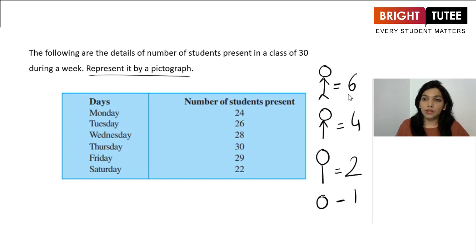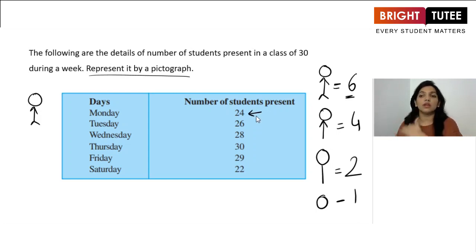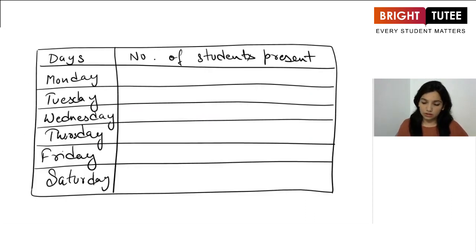See here, we have this full complete symbol, like this particular child-like symbol, which represents the number 6. So do you think we can represent the number 24 using an image which represents 6? So 6 items are represented by this one single symbol. How many such symbols do we need? 6 times what number gives you 24?